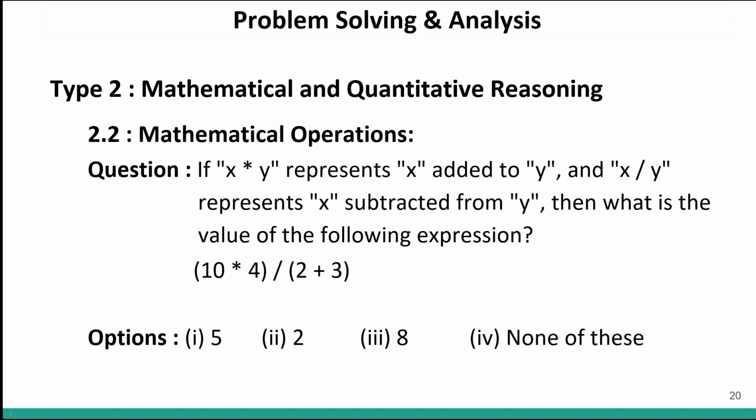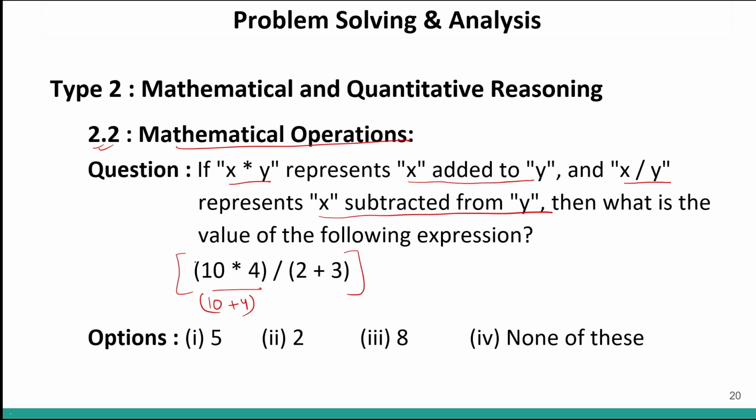Now, 2.2 mathematical operations. In mathematical operations, this is an equation that is given to us. Certain codes have been given to us. We are told that x into y represents that x is added to y. So 10 into 4 basically represents 10 plus 4. Correct? Now, the second thing, x divided by y represents that x is subtracted from y.